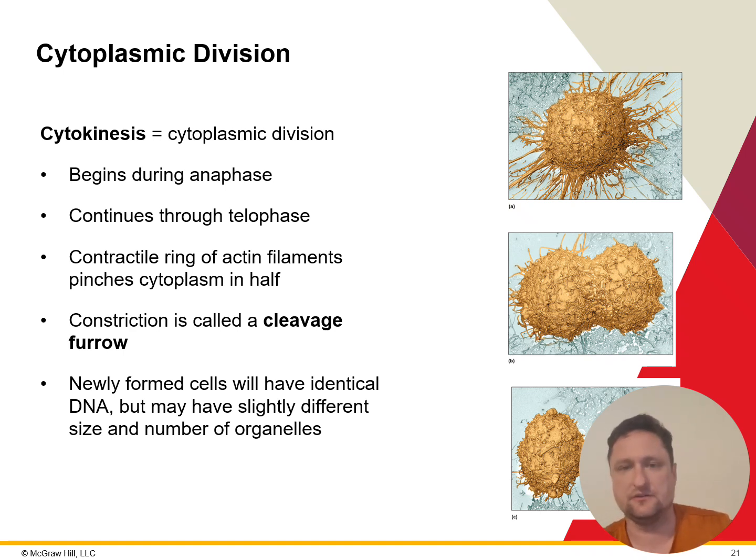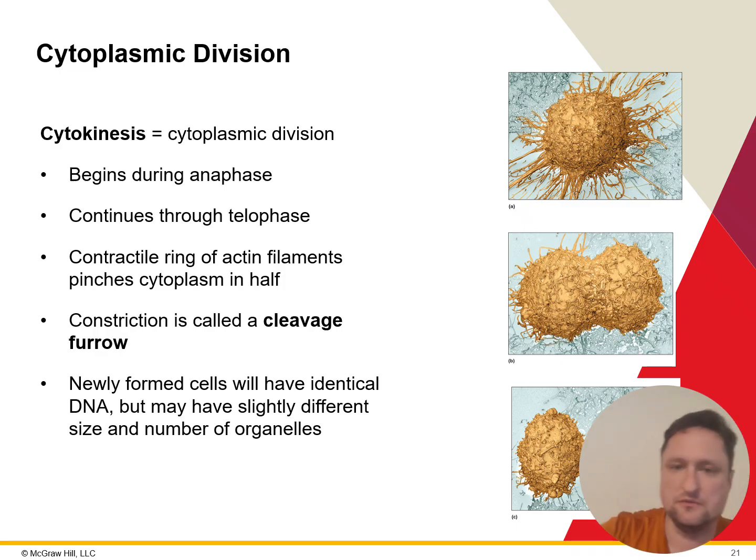This continues to tighten until the cell splits into two separate daughter cells. This constriction, known as the cleavage furrow, marks the physical separation of the two new cells.